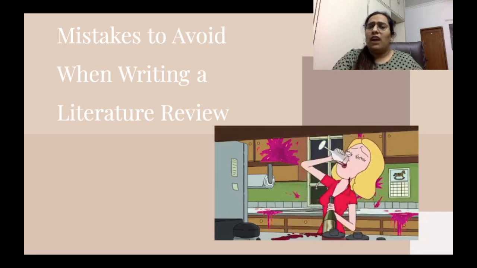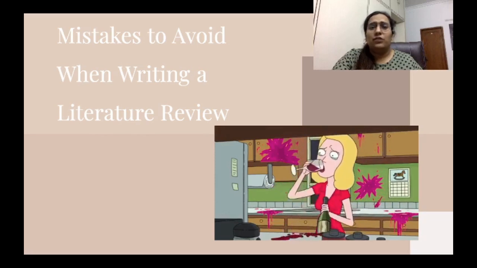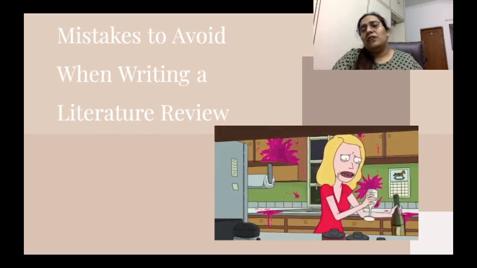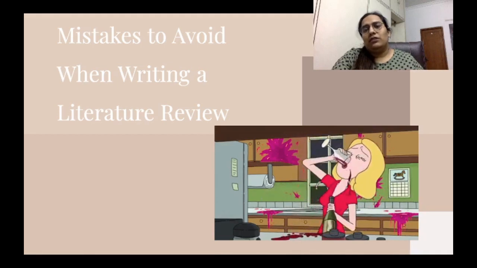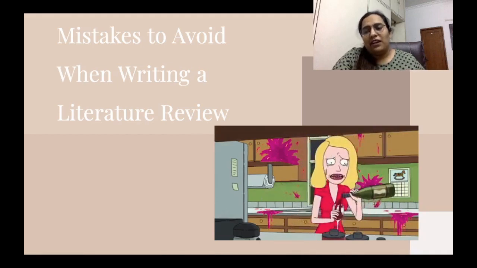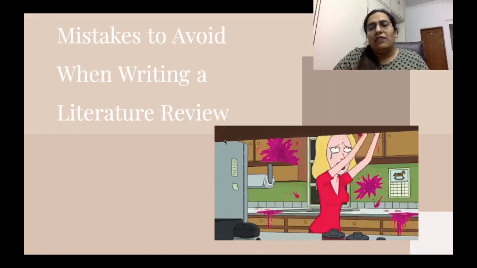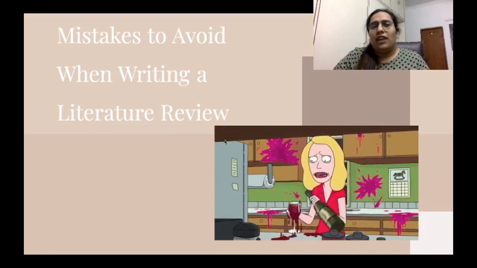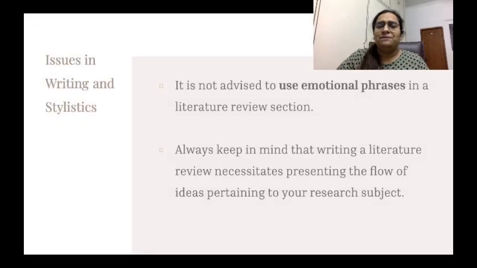So try to have very few mistakes, because we know there would be some mistakes from so much pressure, or from taking steps so carefully, but still there would be one or two mistakes in everybody's writing. So try to have no mistakes in your literature writing.